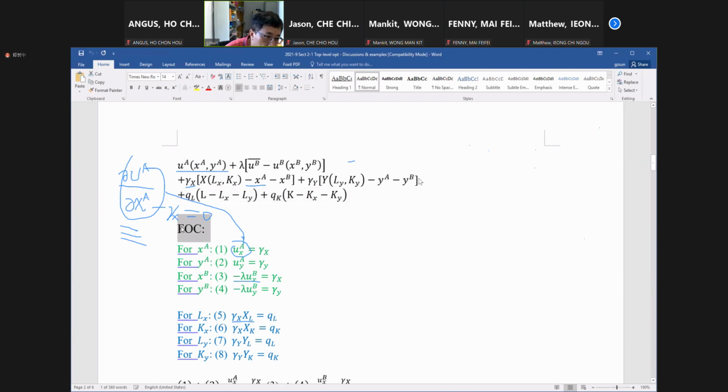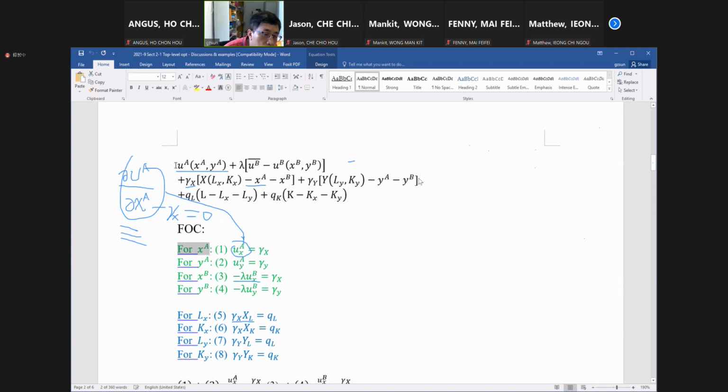For each of them, we find the first order condition. And now let's focus on the first one. Let me explain step by step in mathematics how to calculate the first order condition for this variable.